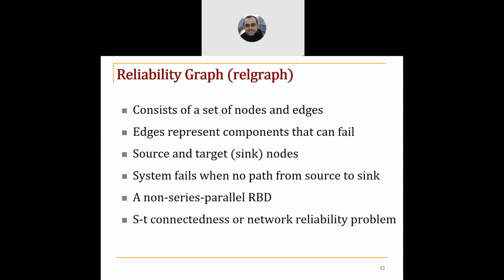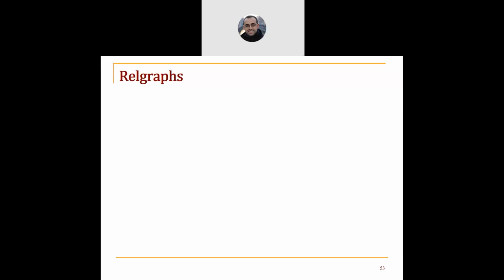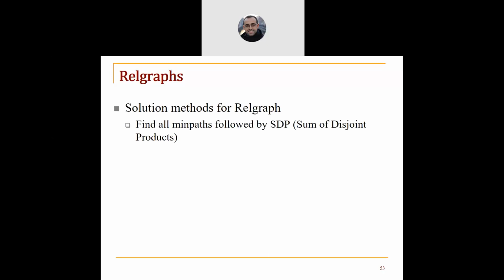So this is a fairly well-known problem in the literature on reliability theory. Solution methods that are known for rel graphs are, first, find all min paths, after which you need to do what is called sum of disjoint products.